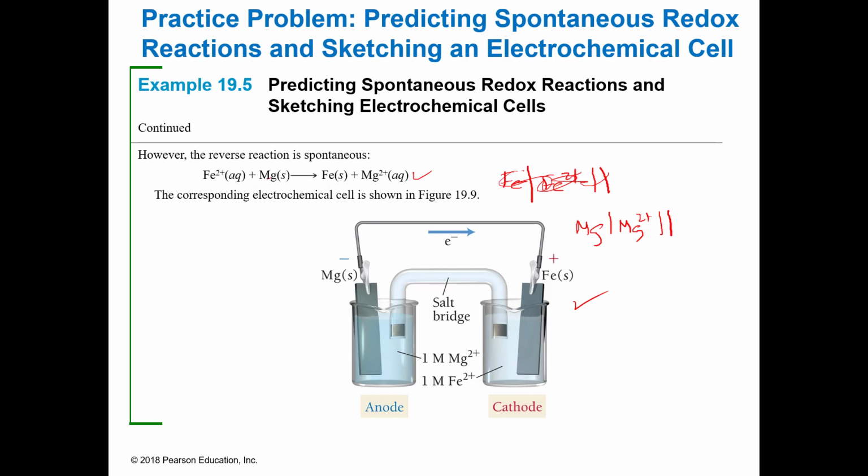Let's make sure it's right. Yeah, magnesium is being oxidized. And then we have the iron 2 positive solution, and then we have an iron electrode. So this is the shorthand way of writing everything that you see here.